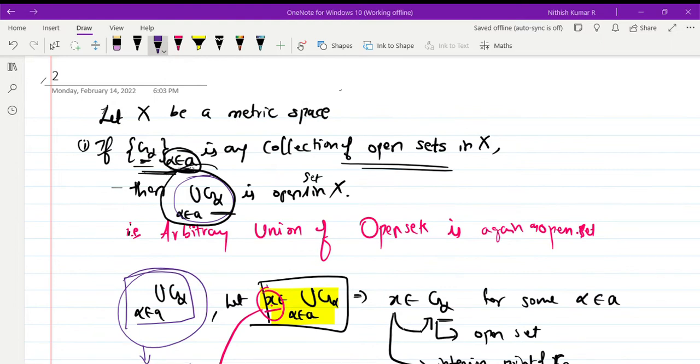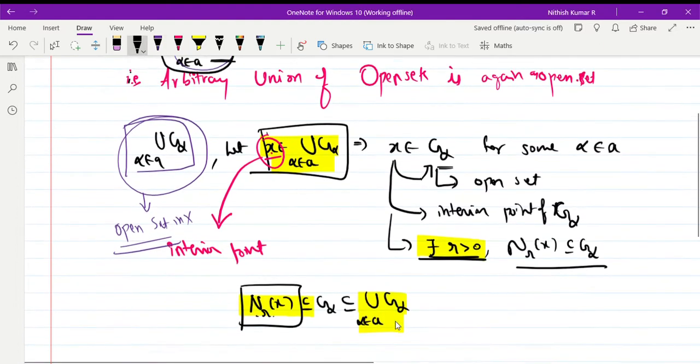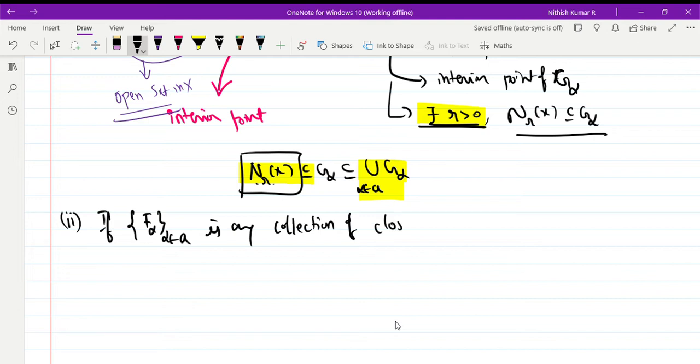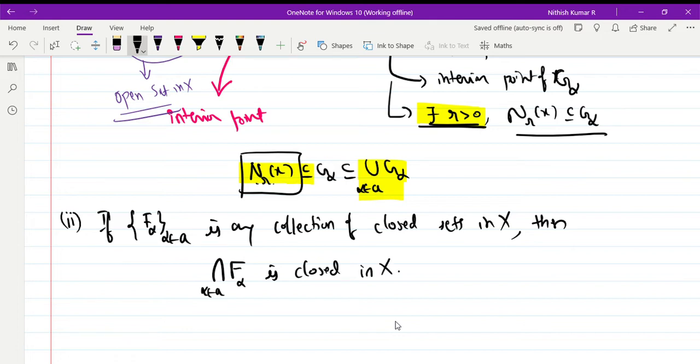Now the second statement is: if the collection F alpha, alpha belongs to A, is any collection of closed sets in a metric space X, then the intersection of F alpha, alpha belongs to A, is a closed set in X. Again observe this collection alpha belongs to A, and we don't know what A is.